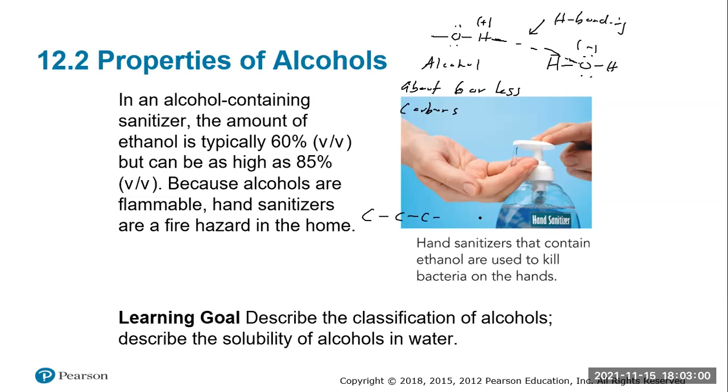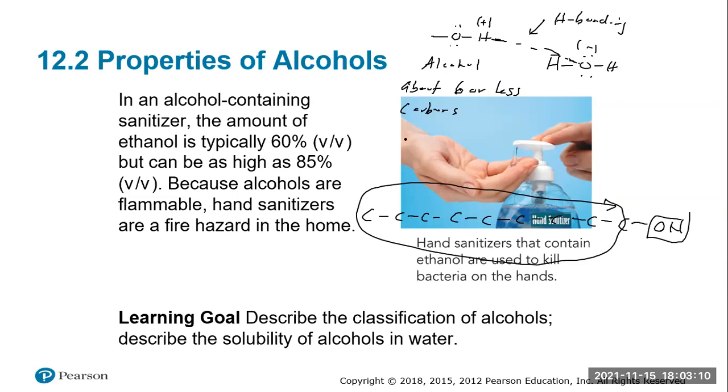Once you get a lot of carbons in a row, and all you have is one little spot where the OH group is, you have this really big non-polar spot that gets in the way, and it creates what is sometimes referred to as steric hindrance, which is a fancy way of saying there's just a lot of non-polar carbons and hydrogens in the way. It doesn't allow water to interact effectively because this big non-polar part is blocking access to water.